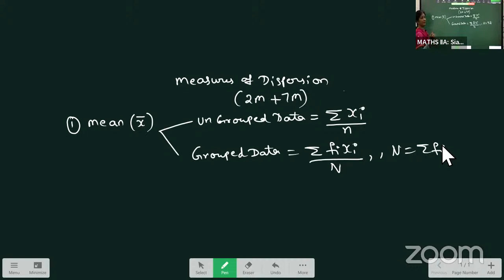Suppose it is continuous data, you can use the same formula, or mean by step deviation. Suppose if he mentions step deviation, compulsorily you have to use this formula only.